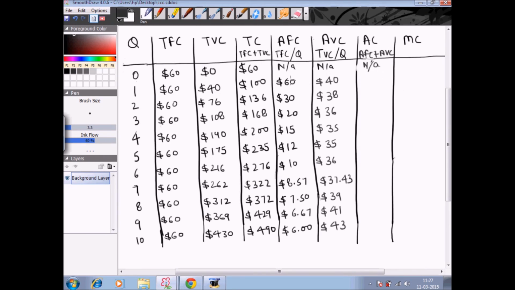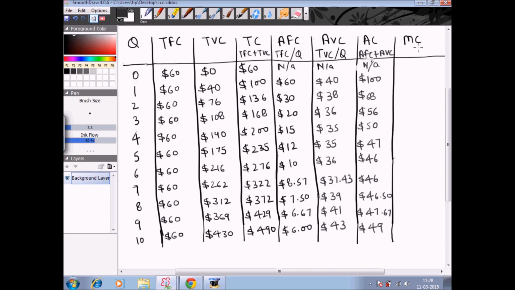That is, in the first case it would be 0, then $60 plus $40, $100, then $68, then $56, then $50, then $47, then $46, then again $46, then 46.50, then 47.67, and then $49.